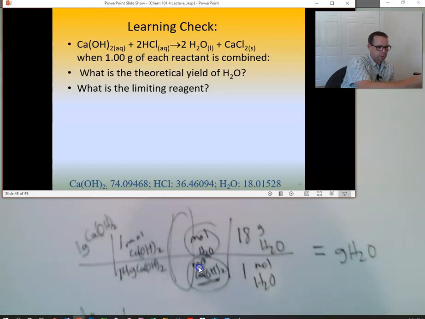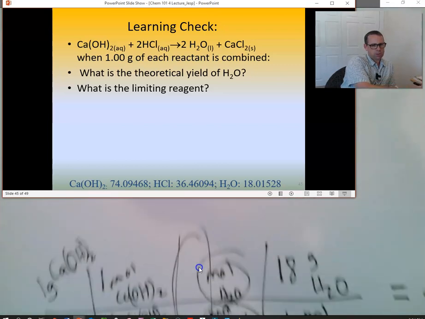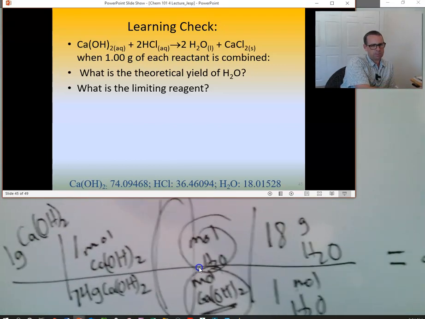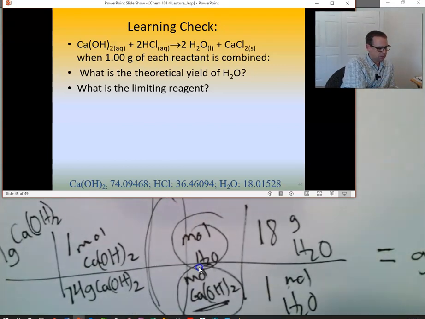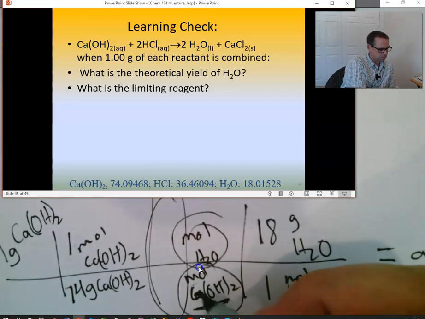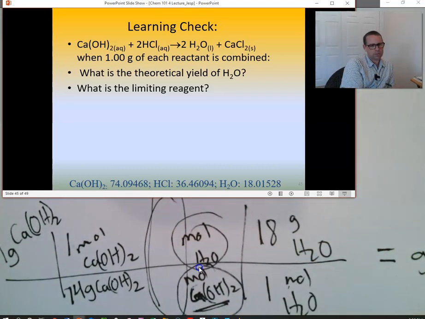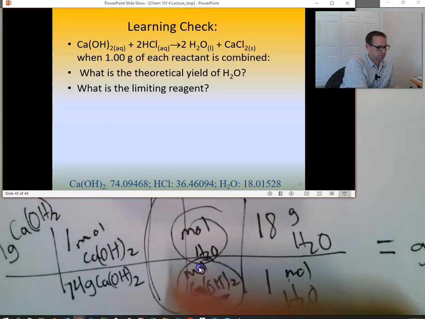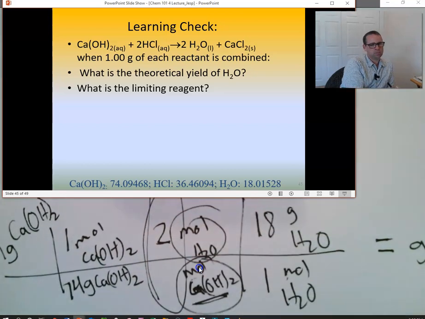Moles of H2O on top, moles of water on top, right? And then what's on the bottom? Calcium hydroxide. So 2 moles of H2O, right?